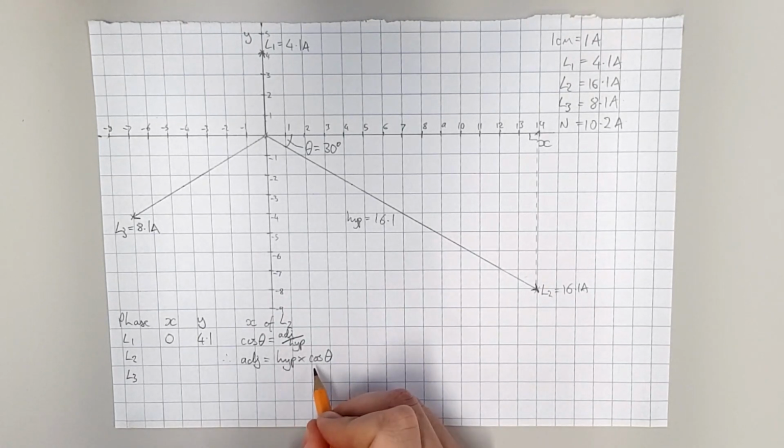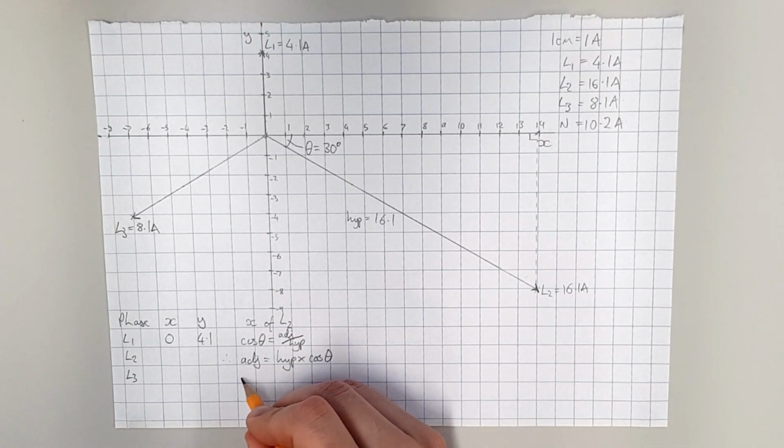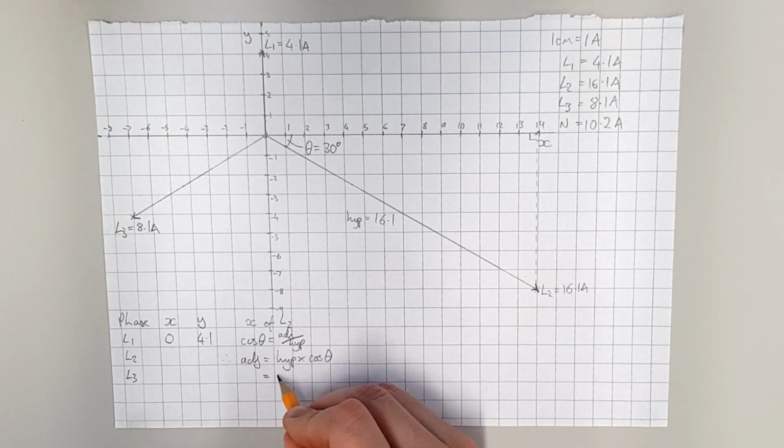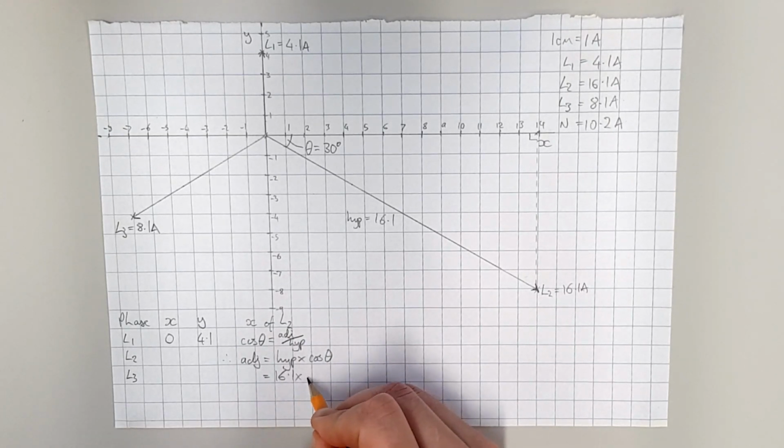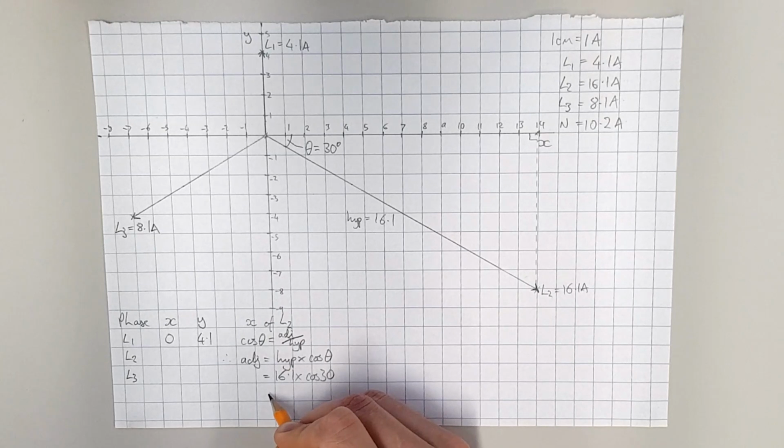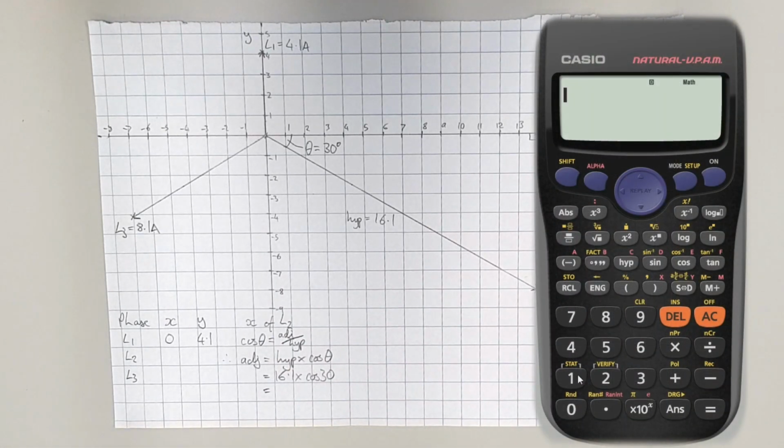Now, if we perform this calculation, it will give us the length from there to there. So let's put our numbers in here. We've got 16.1 times the cosine of 30. As we can see from the calculator on the screen now, 16.1 times the cosine of 30 gives us 13.943 plus change.